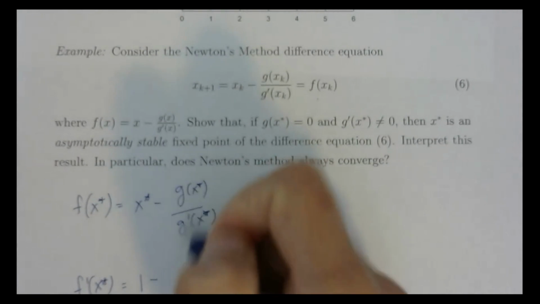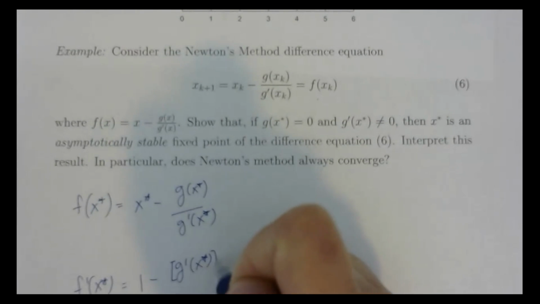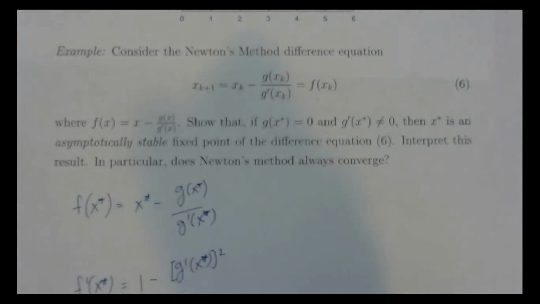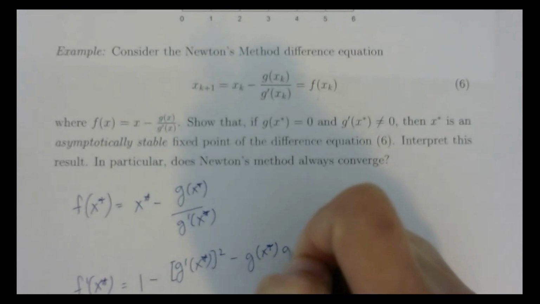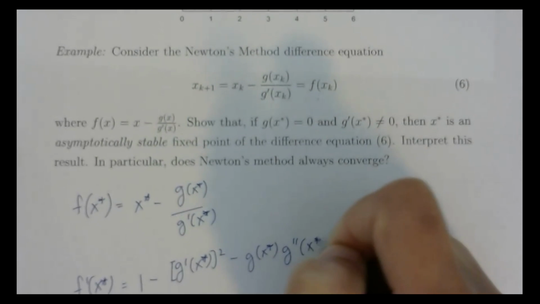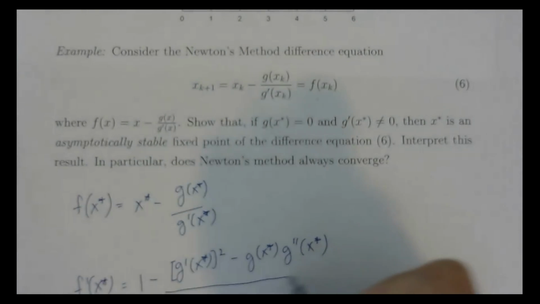So the bottom times the derivative of the top, I get 2 g primes at x star, so it's squared, minus the top, g at x star, times the derivative of the bottom, the second derivative of g at x star, and then over the bottom squared, g prime at x star, again squared.